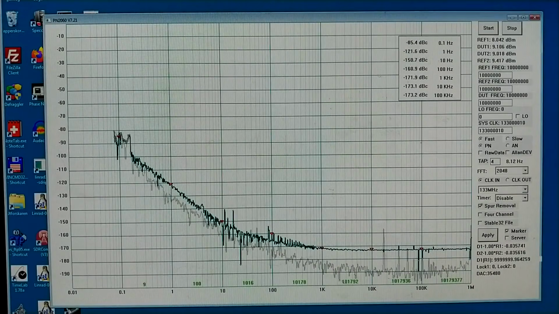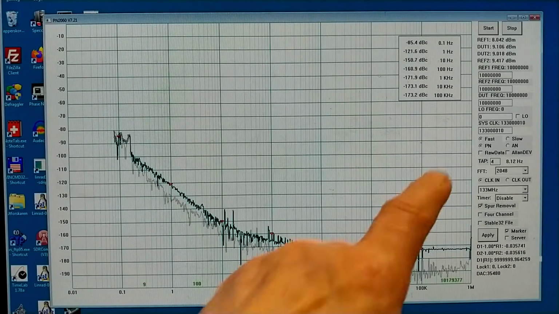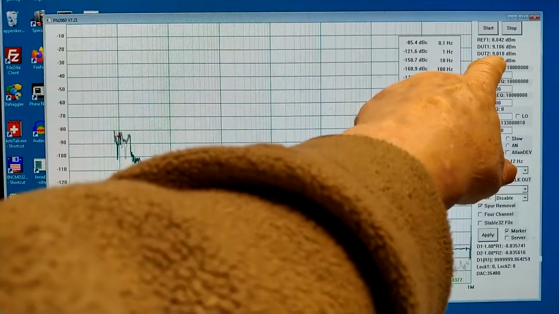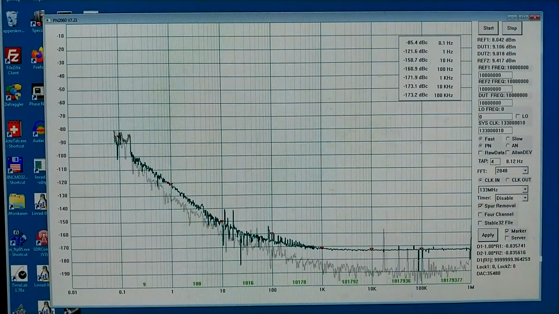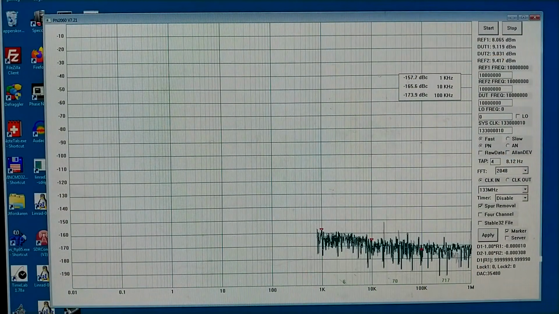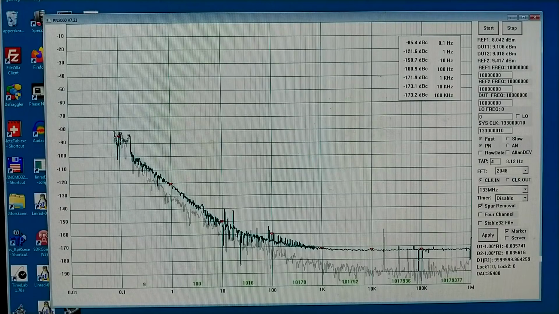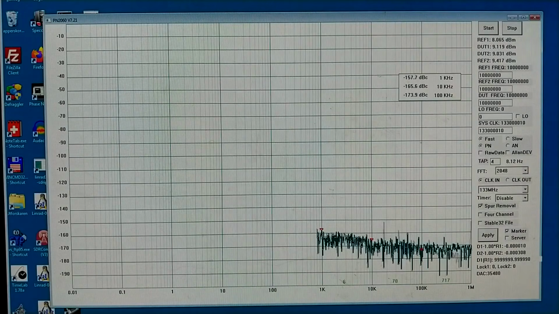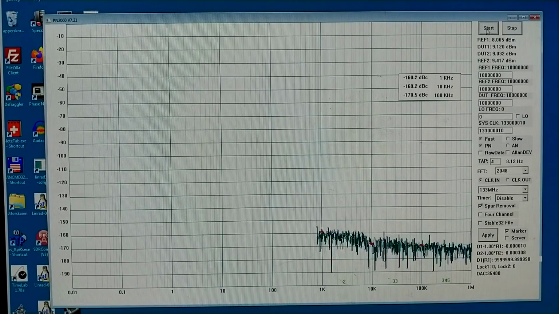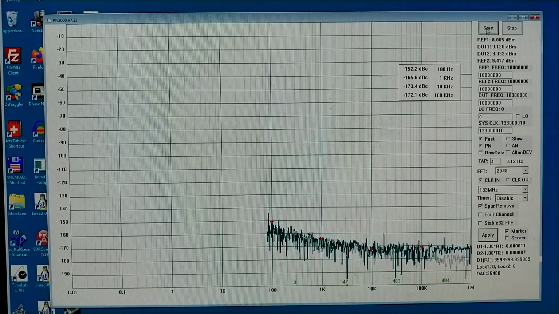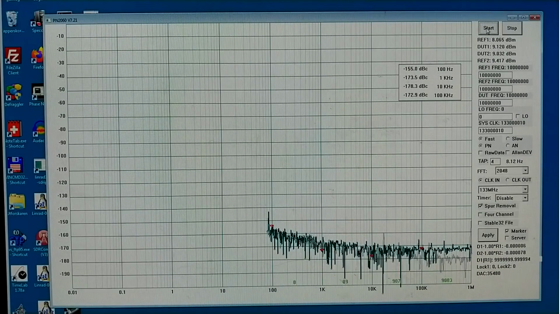What I had before is this, 9.1 or 9.0 dBm for the signal, and it's the same now. And the frequency was then 0.03, but now it is of course the Wenzel oscillator frequency. And if I start it, it looks like this.